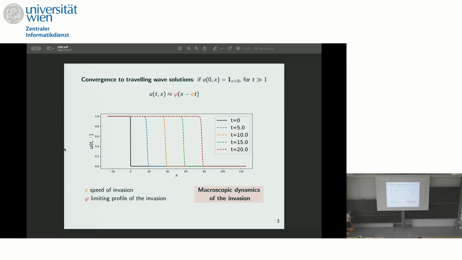If you start the equation with an initial condition that is a step function, in which you say, okay, before this x0, the space is already occupied, and to the right it's uncolonized, then quite quickly your solution will converge to a traveling front solution that is a stable profile that I denote by phi, moving at constant speed c.